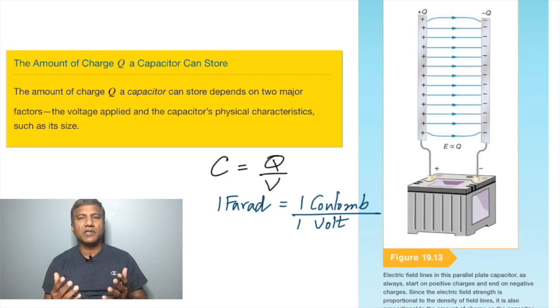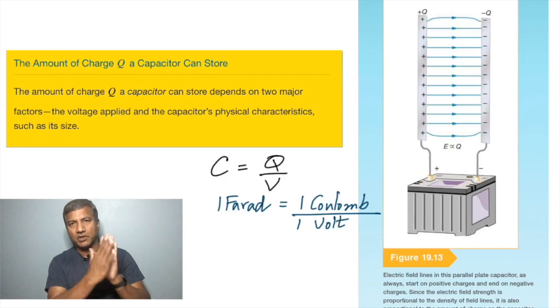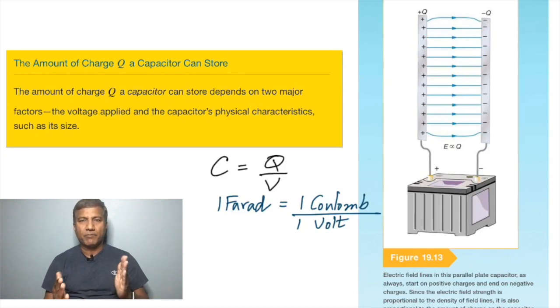It also depends on the physical characteristics of the capacitor, which means the area of the plates, the distance between the plates, and the nature of the insulator between the plates.